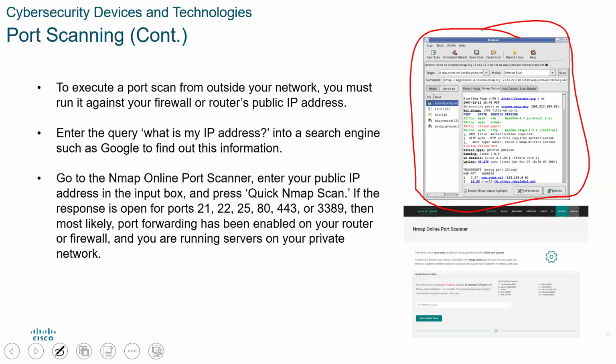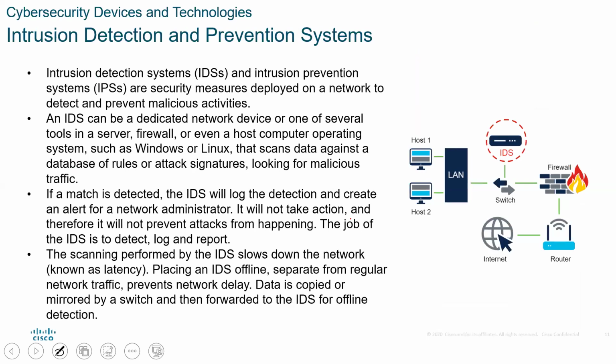On the Nmap online port scanner, enter your public address in the box and press quick Nmap scan. If the response is open for these ports, then most likely port forwarding has been enabled on your router or firewall, and you are running servers on your private network.